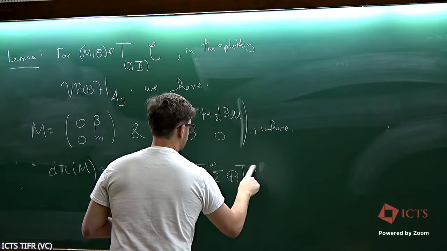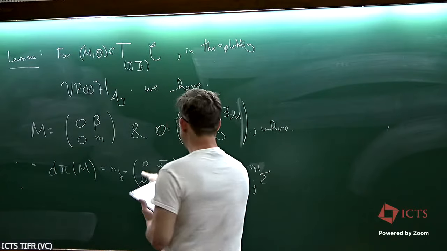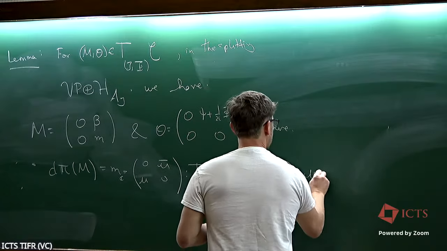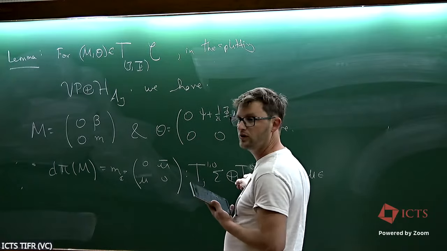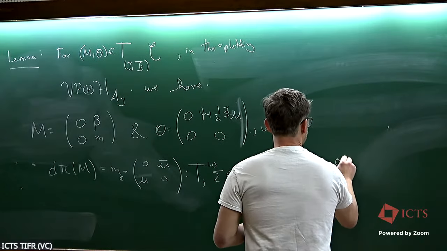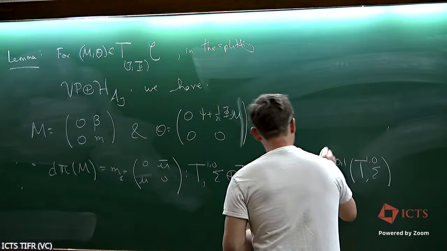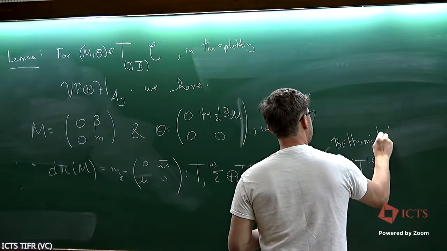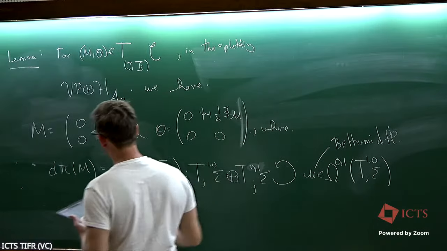And the condition of it being a tangent vector to complex structures means it has this form. So in particular, mu here maps me from the (1,0) part to the (0,1) part. That means it's a (0,1) form valued in the (1,0) part of the tangent bundle. This object is called a Beltrami differential. So that's this mu term here.